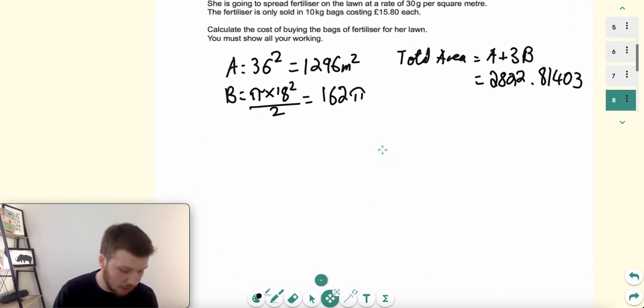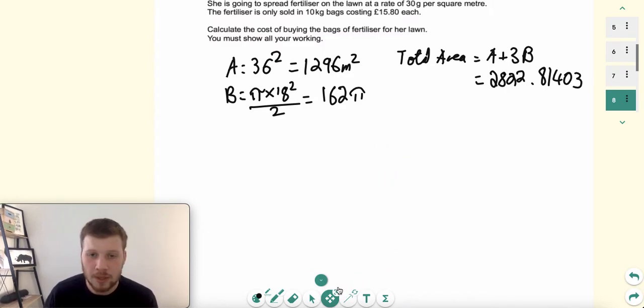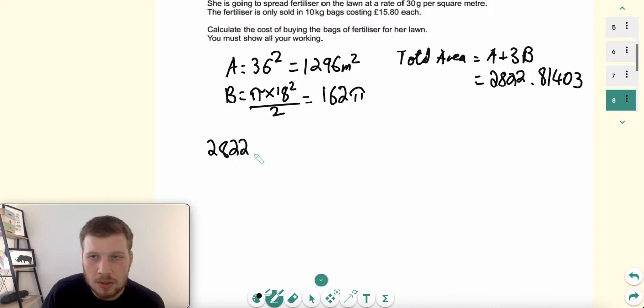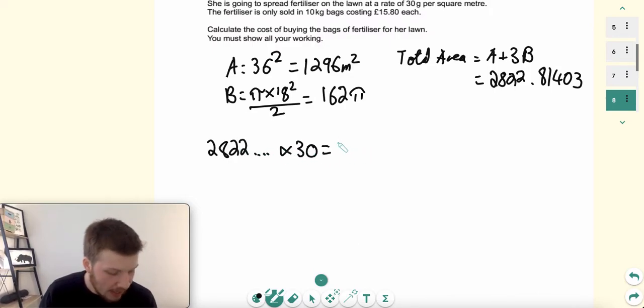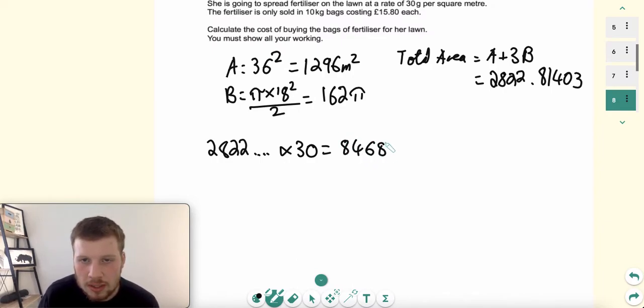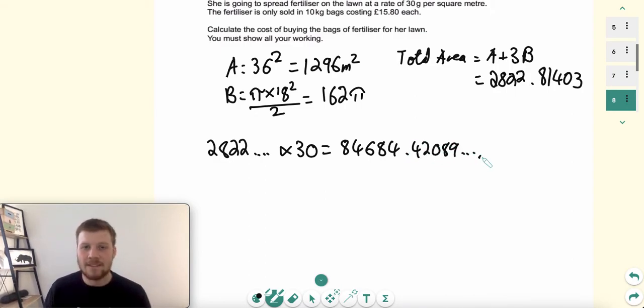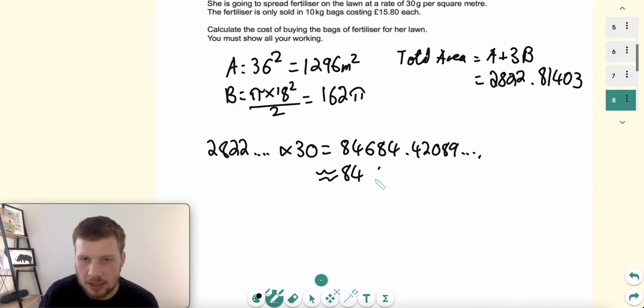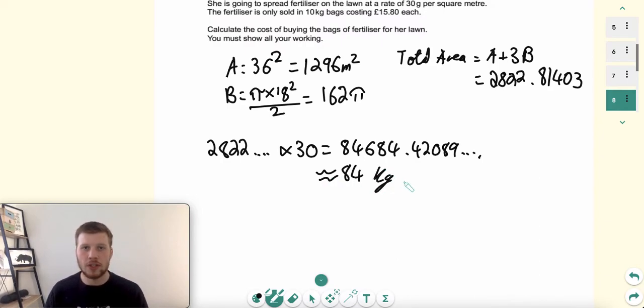So taking this value and multiplying by 30, that's going to give me 84684.42089. And that is how many grams I need, which is going to be 84 kilograms of fertiliser.